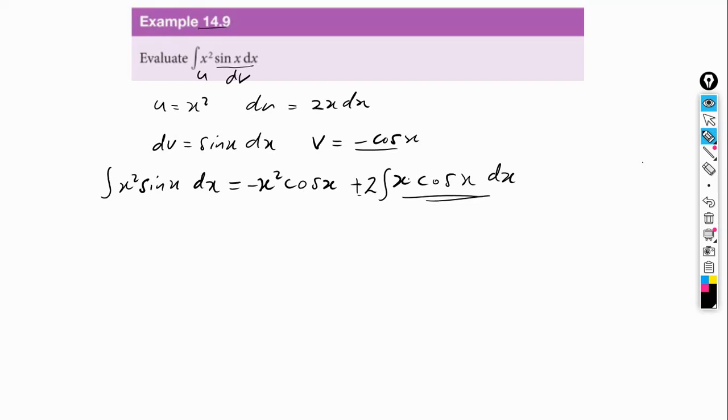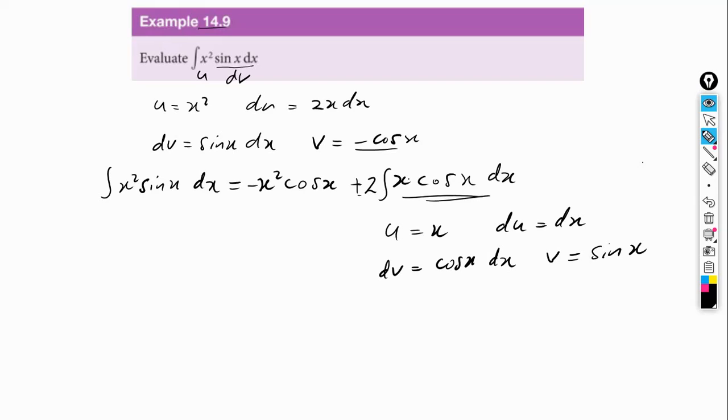So let's start by making x equal to u, and then we are going to get that derivative of u will simply be dx. And let's make derivative of v, cosine of x dx, and then v, which is the integral, is simply going to be sine of x.